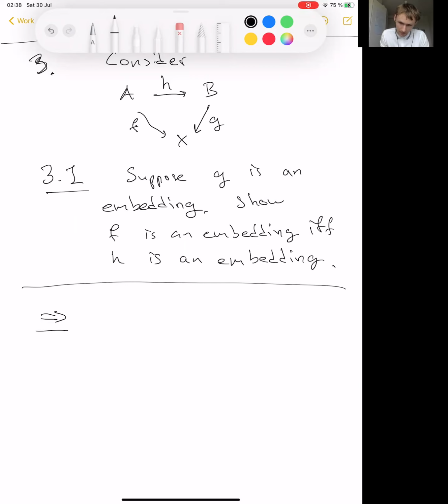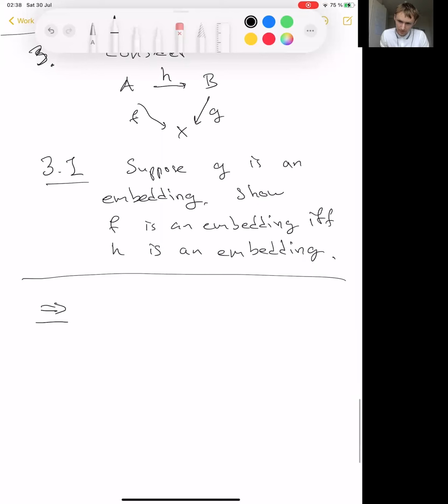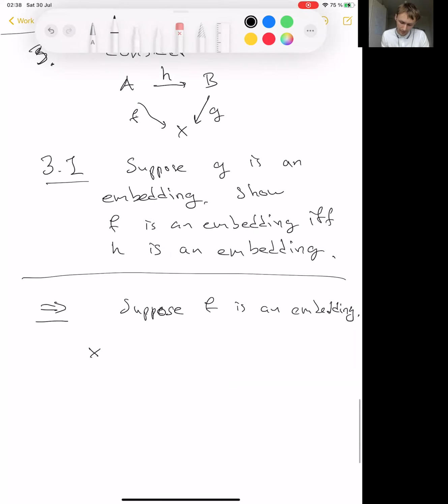So suppose that F is an embedding for the left to right implication. Then we have that for any x and y, app of F into Fx equals Fy is an equivalence.